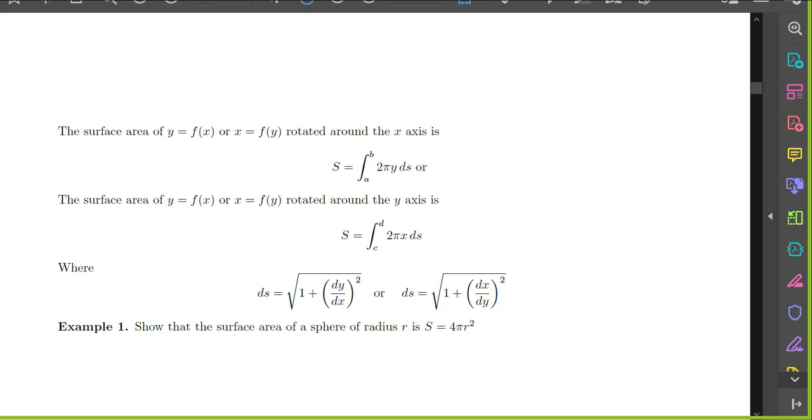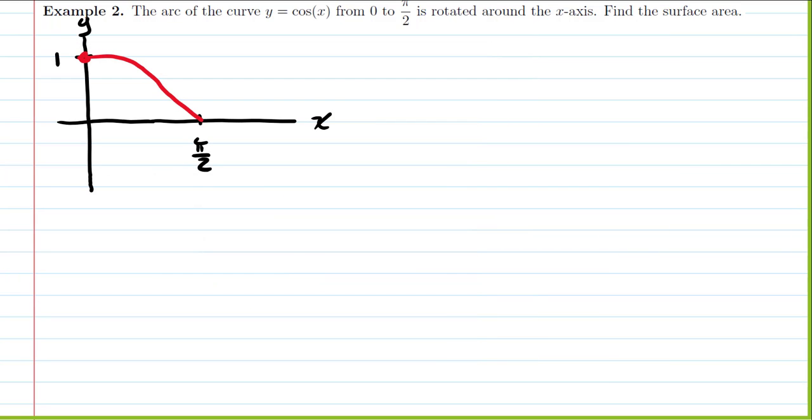All right. So we need to know what y prime is, so the derivative of cosine is going to be negative sine. Our limits of integration are going to go from 0 to pi over 2. And we have 2 pi, which I'm just going to put out in front.